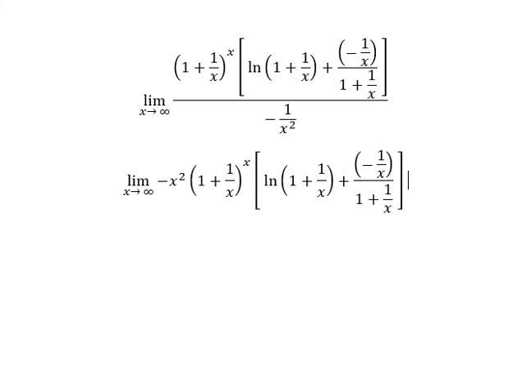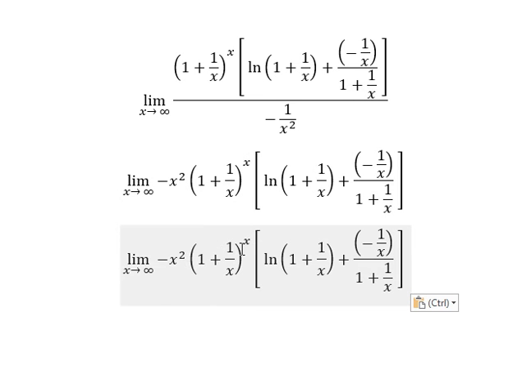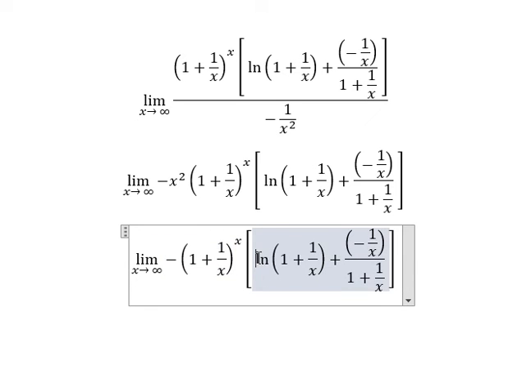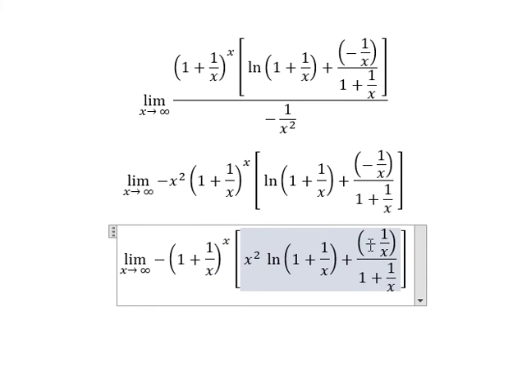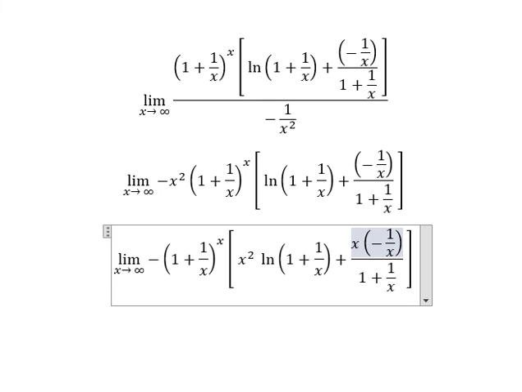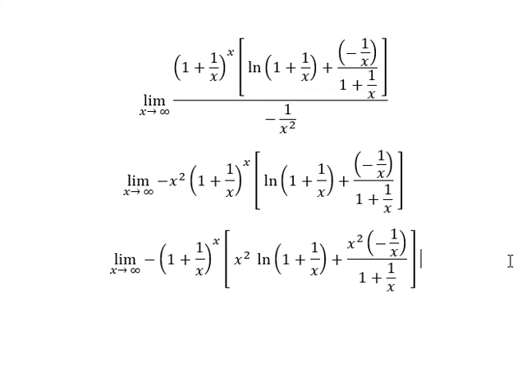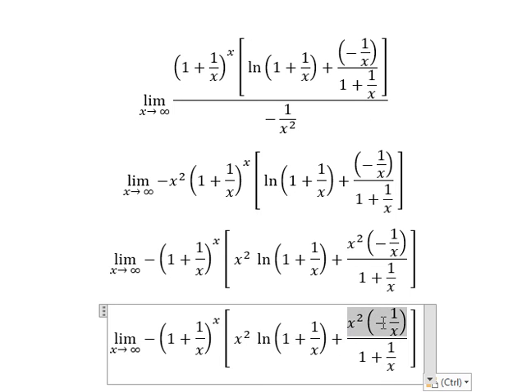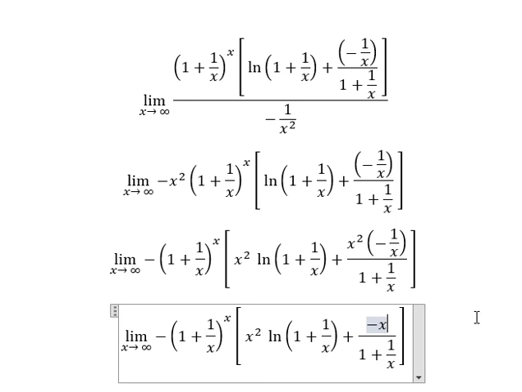Next, s squared multiplied by this one and this one. So s squared simplify with s, we have negative s.